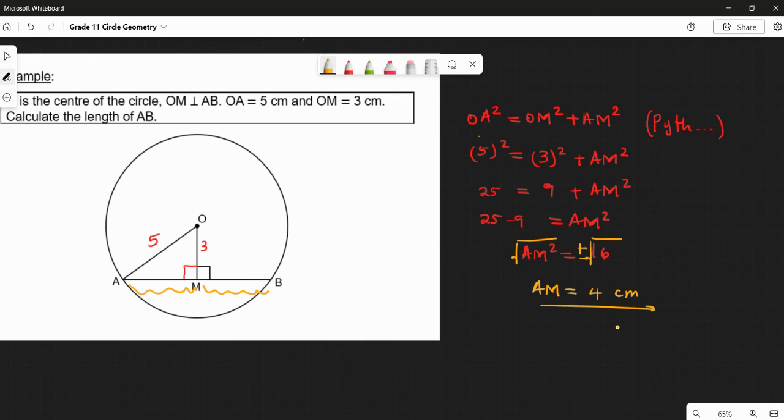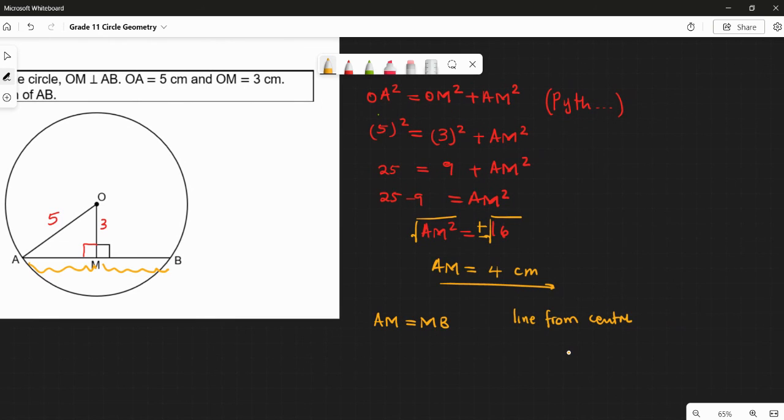So we would say that AM is equal to MB. If you still remember that, AM is equal to MB. Why is that so? The reason that we must provide: this is a line from the center, and this line is perpendicular to the chord. From center, perpendicular chord.